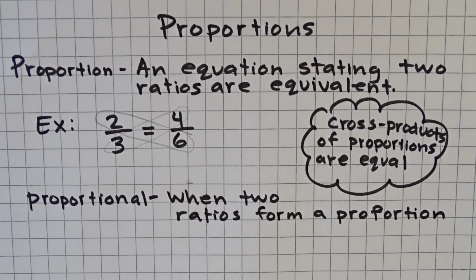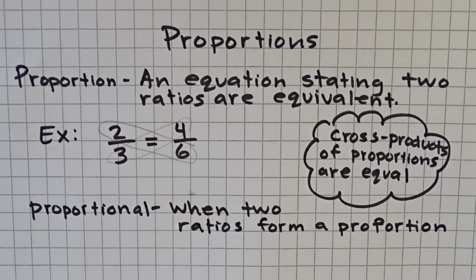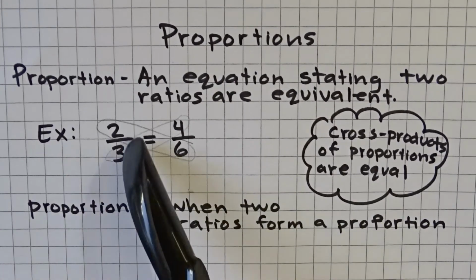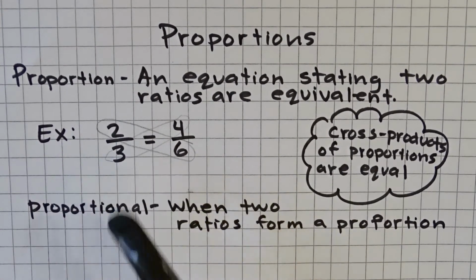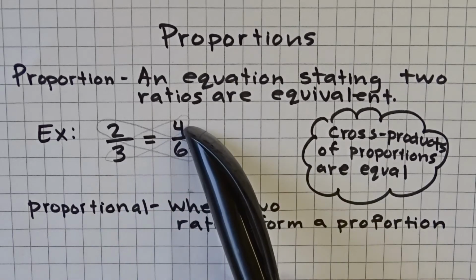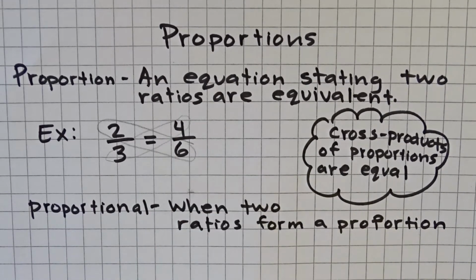So the best way that I know how to describe something being proportional is like mixing colors or mixing paint. Say I have this perfect shade of lime green and it has 2 ounces of yellow and 3 ounces of green, but that's not enough paint. I need more. So if I were to mix 4 ounces of yellow with 6 ounces of green, because it maintains proportion, I should get the same exact shade of lime green, except just in a larger quantity.